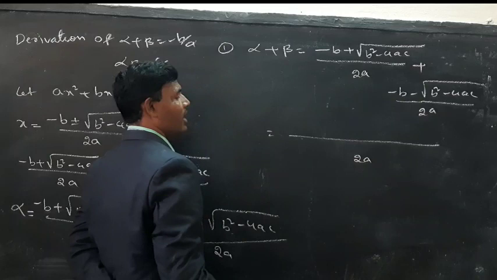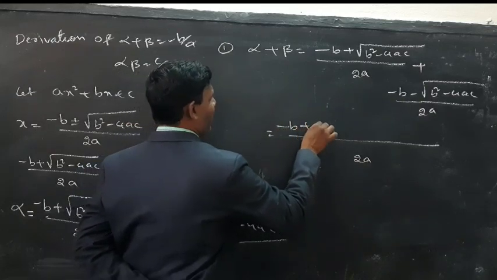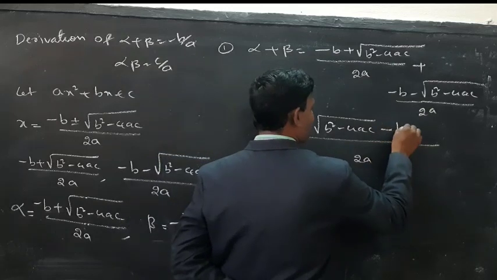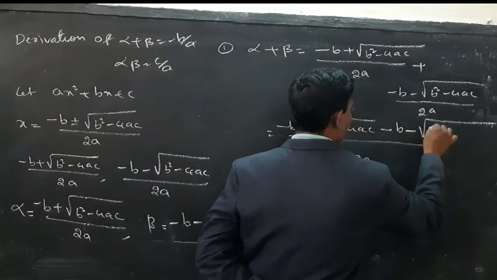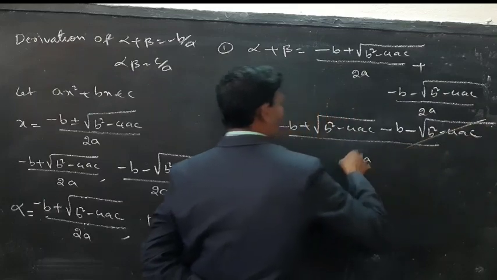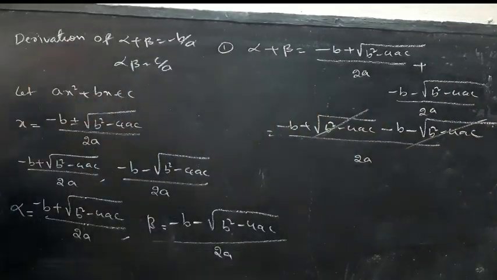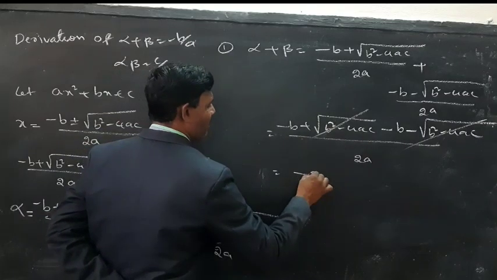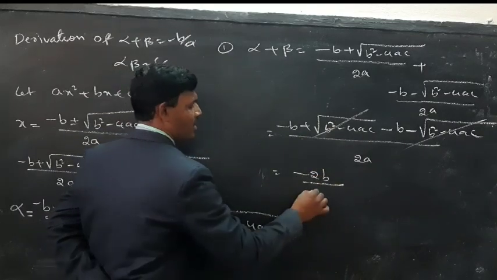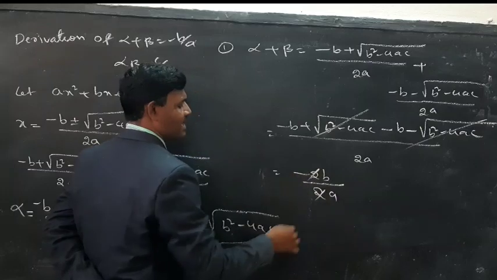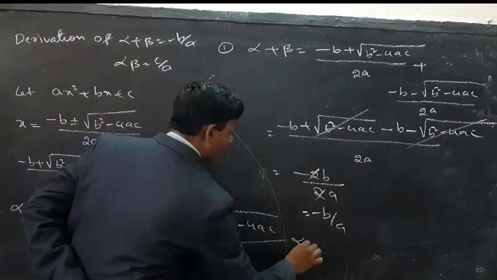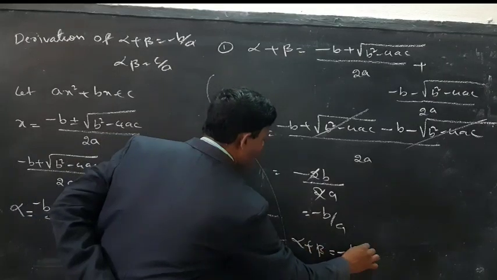After taking 2a as LCM, what is the remaining? Minus b plus under root of b square minus 4ac, minus b minus under root of b square minus 4ac. The under root of b square minus 4ac terms cancel. So what is remaining? Minus 2b by 2a. 2 gets cancelled. What is the answer? Minus b by a. So the sum of zeros alpha plus beta is equal to minus b by a.